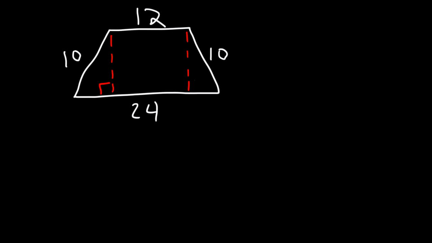So we need to make two right triangles. Now keep in mind, this entire length is 24. Which means that this is 12. So this section has to be 6, and that has to be 6, so that it adds up to 24. So now we can find the height of the right triangle.